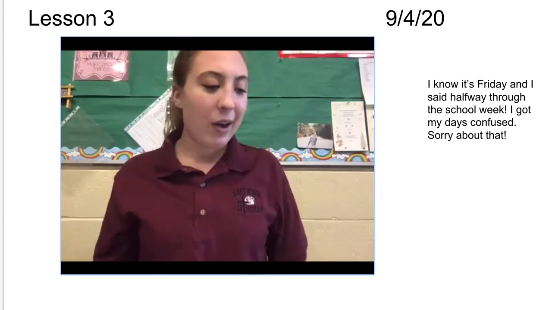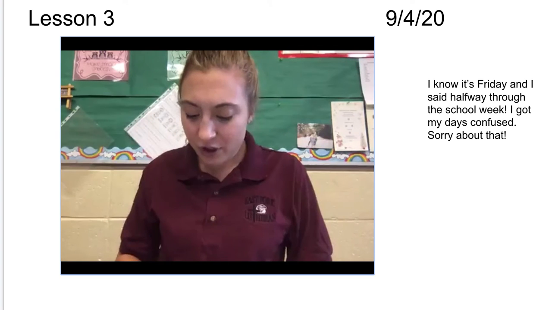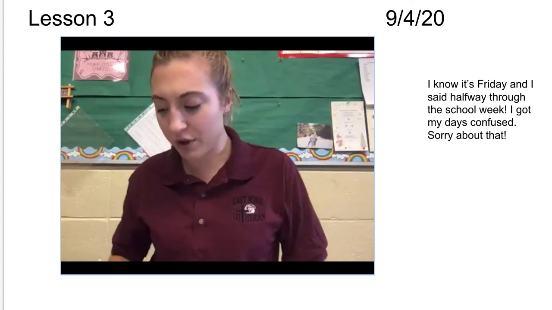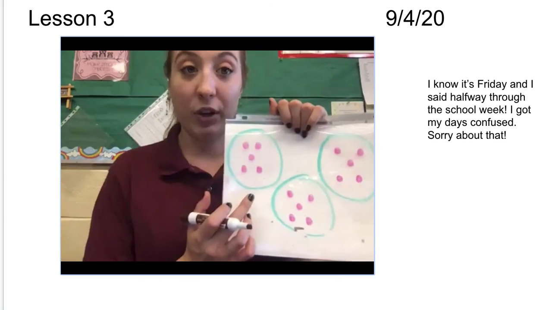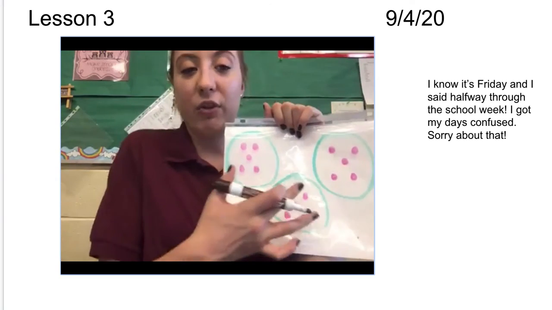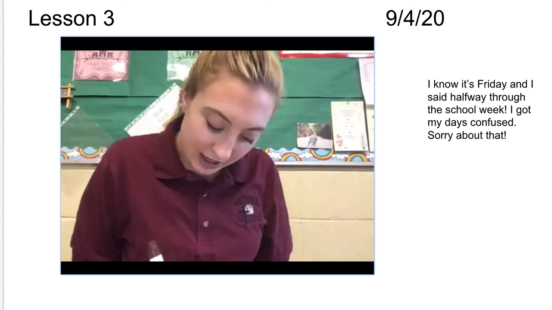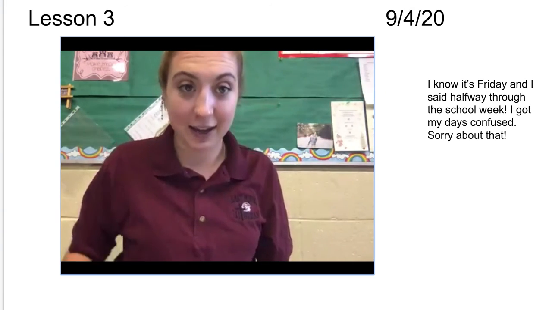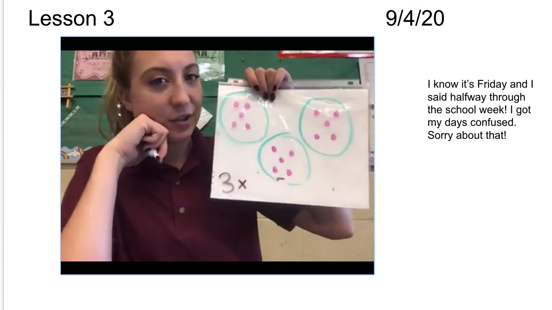But now I want to be able to write a multiplication sentence about this. So how am I going to write a multiplication sentence? Well, the first thing I'm going to do is look at how many groups. I have 3 groups. So 3 is going to be my first number. 3 times, how many in each group?